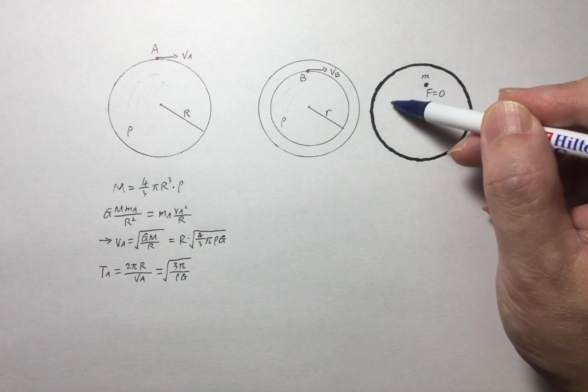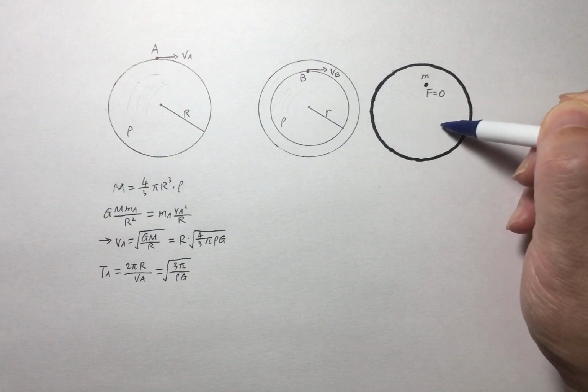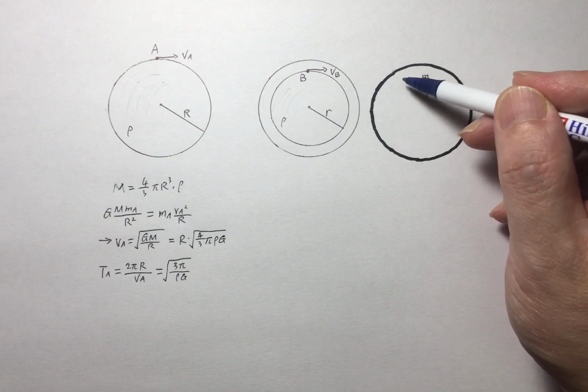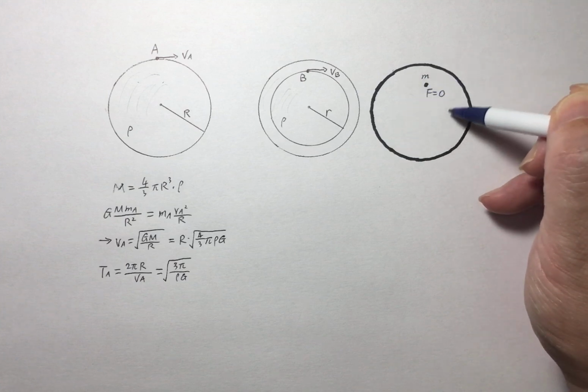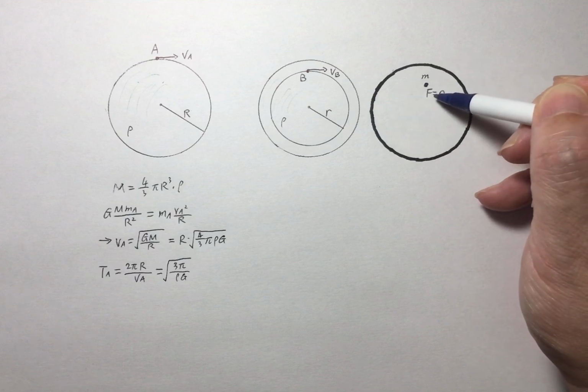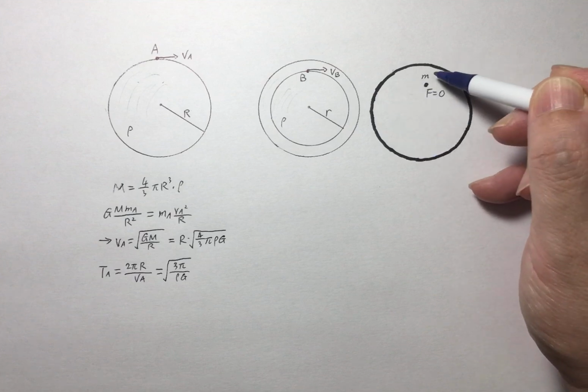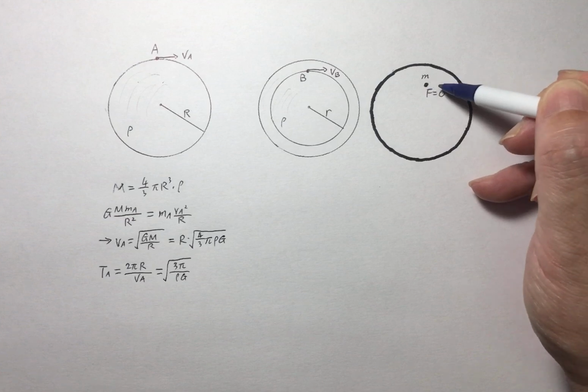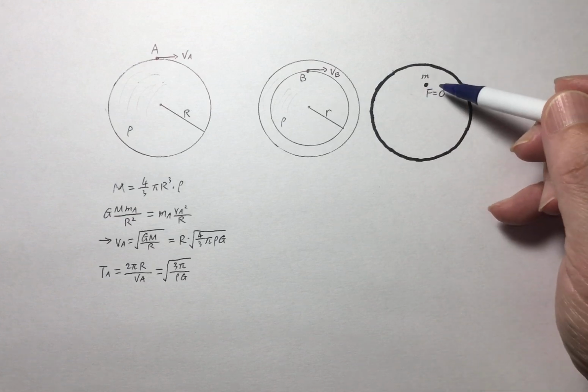So no matter at what location inside this hollow sphere, the total gravitational force on the mass will be zero.